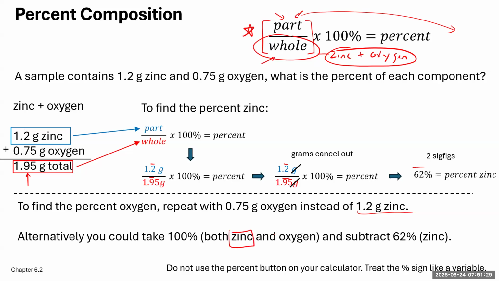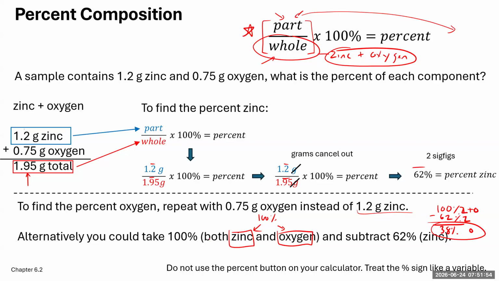Zinc and oxygen. Together, those make up 100%. So if we took 100% and subtracted 62%, that's going to give us 38%. And that would be of the oxygen because this is the zinc. This is zinc plus oxygen. So that would be another way to do that.